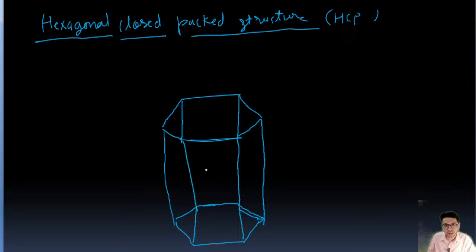So these are the corner atoms of the hexagonal closed pack structure. These are corner atoms, and there are the face atoms. So there are two atoms on the face.